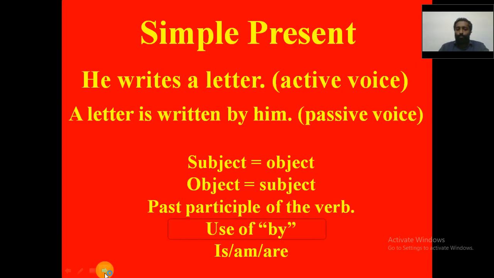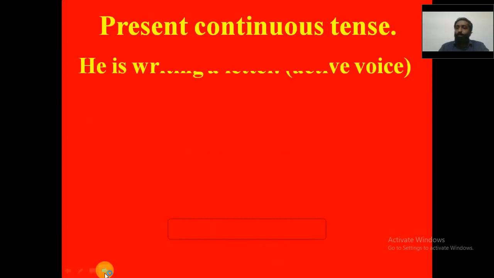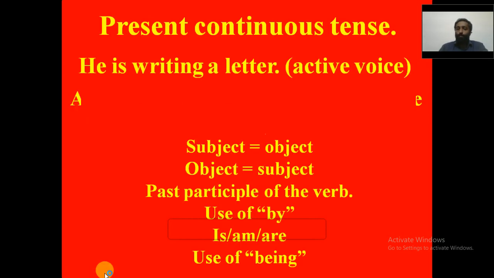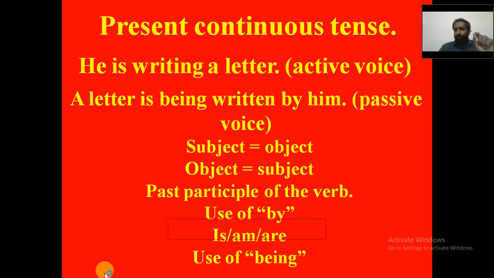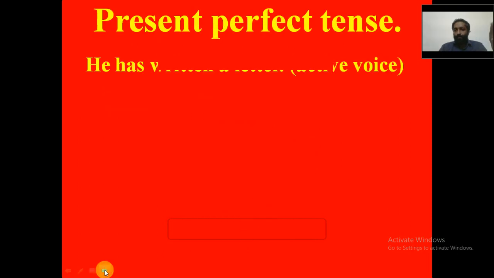Now moving on to present continuous tense, the additional word that comes here is the word called being. Rest is the same. Subject becomes the object, object becomes the subject, past participle of the verb, use of by, is, am, are. The additional word that is used here is being, because it is a continuous tense. Now moving on to the present perfect tense.